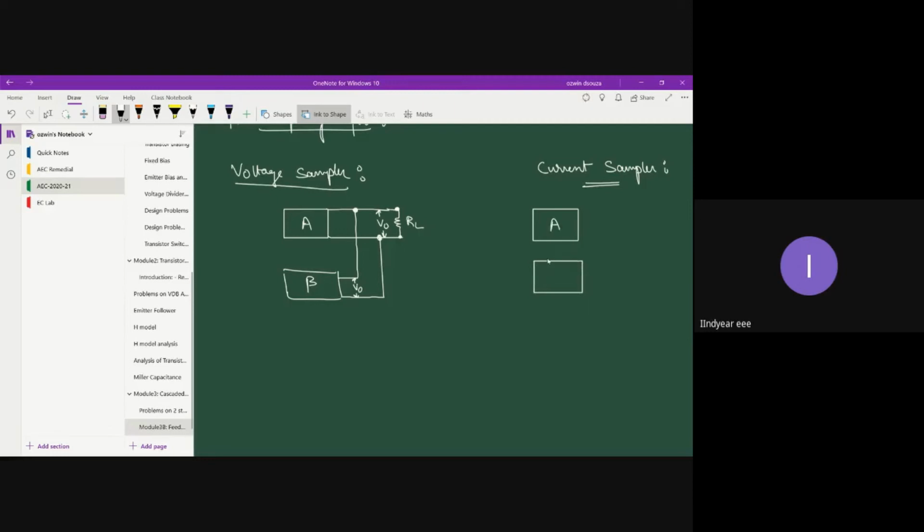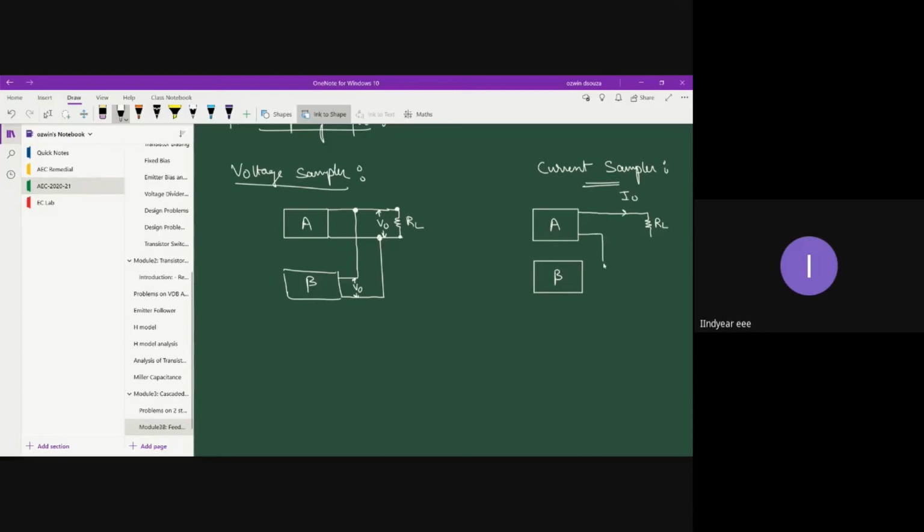Say this is A and this is beta. Let's say this is your load, and this is your output current, let's say I0. So how are you going to tap this current I0 such that it flows to the feedback network as well?